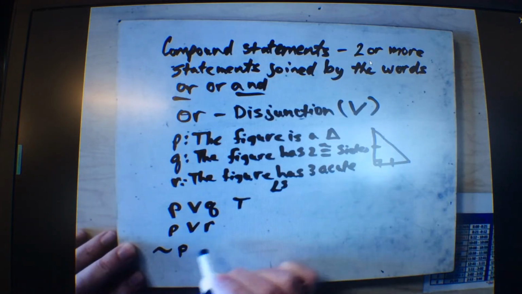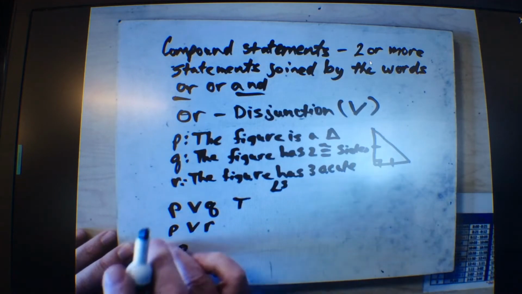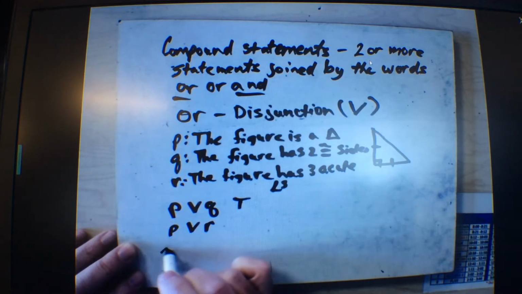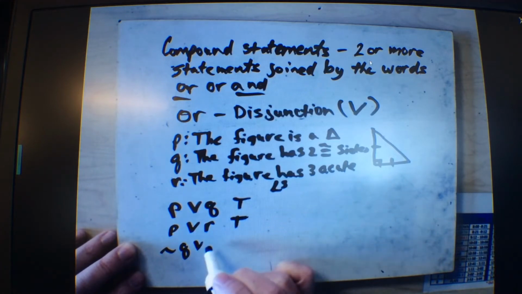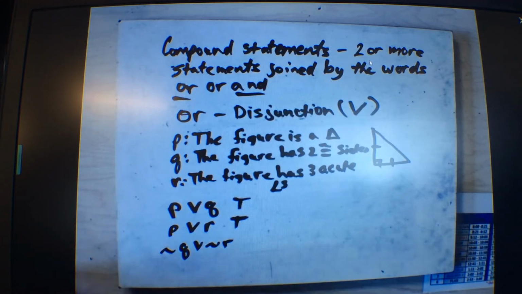All right, let's do negative P. No, let's do negative Q. And the negation of Q, so this is false. This was true, right? The negation of Q or the negation of R. Okay? Kagan, what would be the negation of Q? The figure does not have two congruent sides.